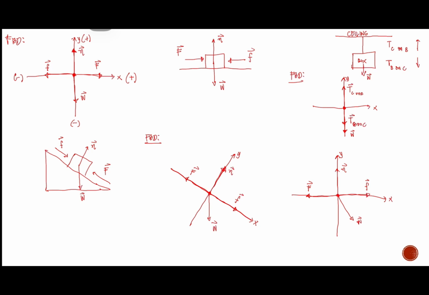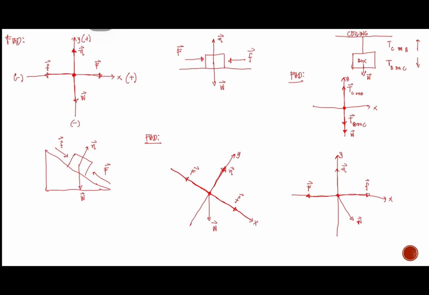Okay, so that is how you would draw or sketch a free body diagram. Again, the first step is to draw a Cartesian plane. The next step is to assume that the object, or the box, or any body whose forces we are looking for, is placed at the center of our Cartesian plane as a dot.